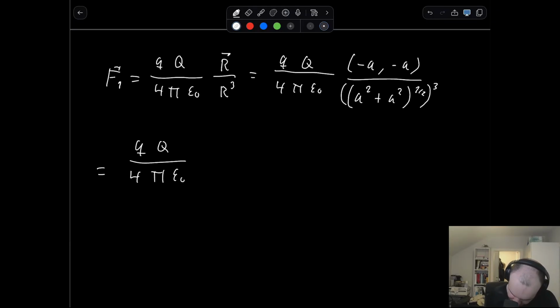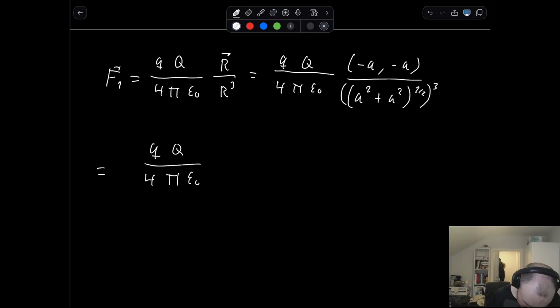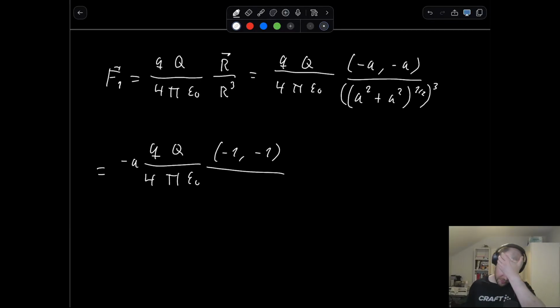And then I have minus A and A. We can, of course, just take out minus A and keep the direction. That's, of course, neat. So I can just say minus A, like that. Then we can just keep minus 1 and minus 1. Then I have A squared. That's just 2A squared.